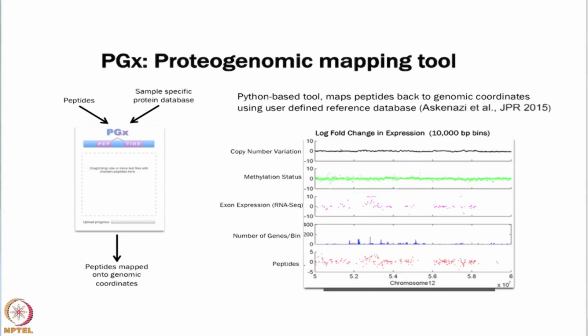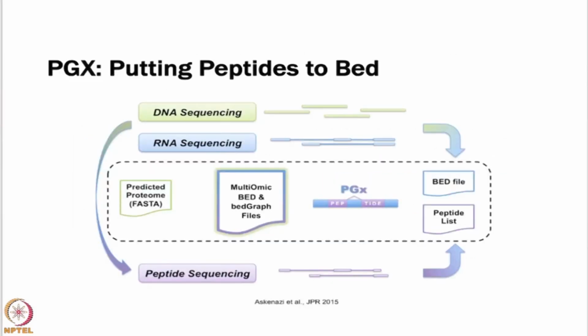Here is a schematic where you could have your copy number, your methylation data, your RNA-seq data, and your peptides all mapped to a chromosomal location, and then you can see how things are quantitatively changing. You can use all of this data to create bed files, and the bed files, again, are what you then input into IGV, as we did with the junction data.